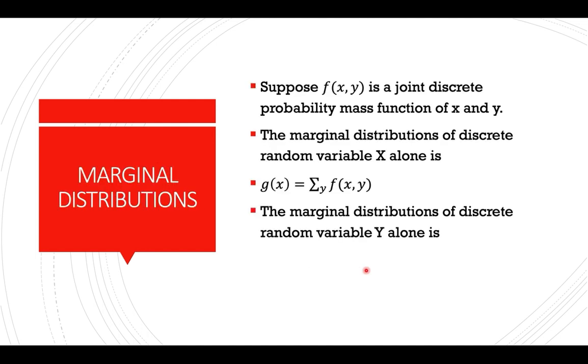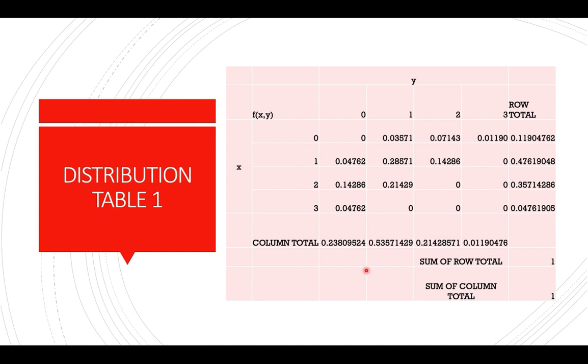So going back to the previous example, each of these is your g of 0, g of 1, g of 2, g of 3, and then the column totals refer to h of y, so this will be your h of 0, h of 1, h of 2, h of 3.